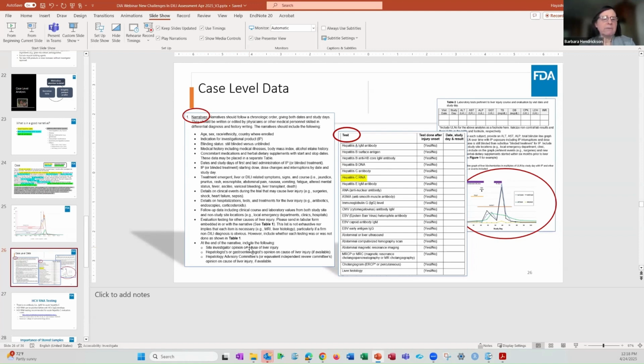And I can't emphasize enough that even if you don't see transaminase changes in your trials, that doesn't mean the regulatory authorities won't get fixated on one case in your whole database. And that can lead to a warning in your label, just one case. So you really need to be on top of it, monitoring this in real time and collecting information in real time on cases that might be of potential concern. So that's my main comment, and I'll let Cindy give her comments.